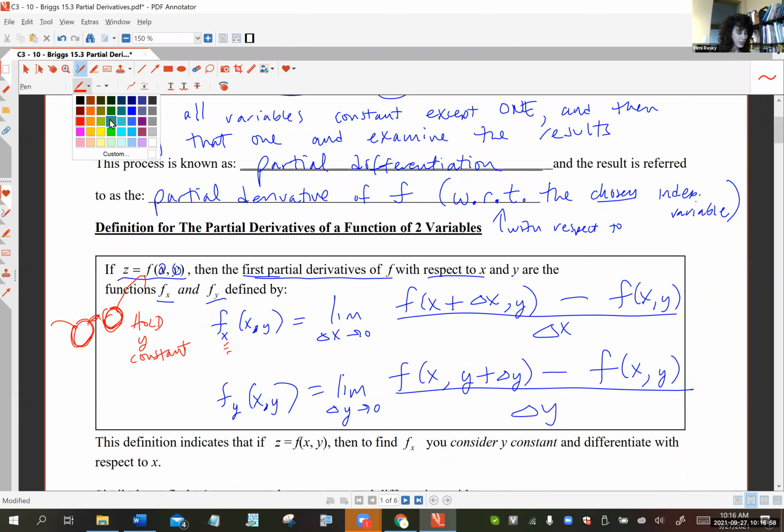Now, when you're taking the derivative of f with respect to y, you put on a different set of glasses, a different color here. You look through these glasses and it appears, at least temporarily, that x is being held constant. So you treat x as the constant.